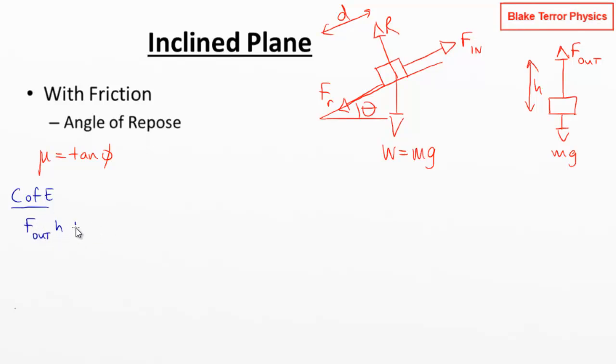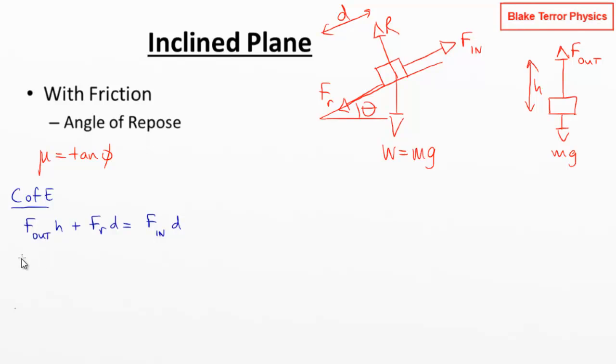Then we've got to add on the losses that we've got, which is the friction multiplied by the length of the ramp. So again, a force times a distance. And that is going to be equal to the work that we've put in. So F in times the length of the ramp. That's our conservation of energy.